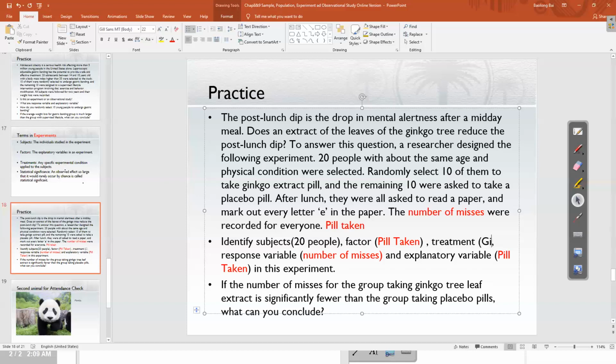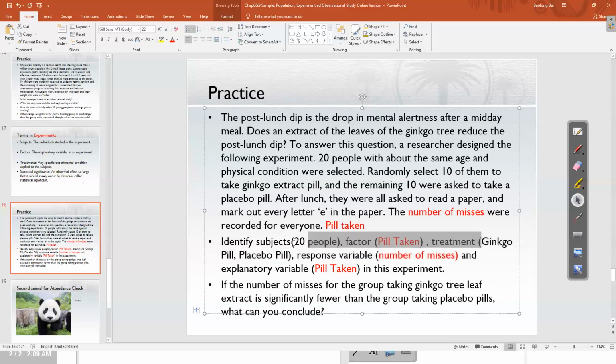So one is the ginkgo pill, and the other is the placebo pill. So we have two different treatments, but we have only one factor, right? So factor and treatment are different things, even though they're related. So think about it.